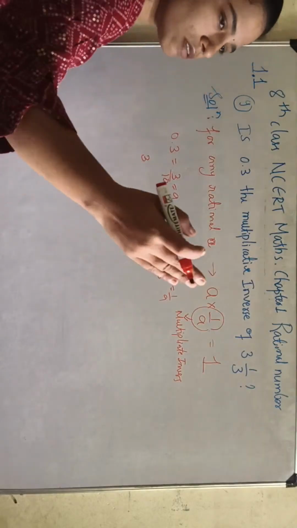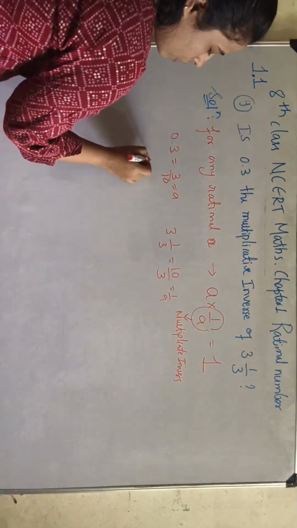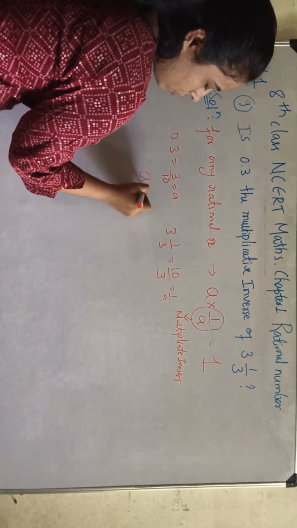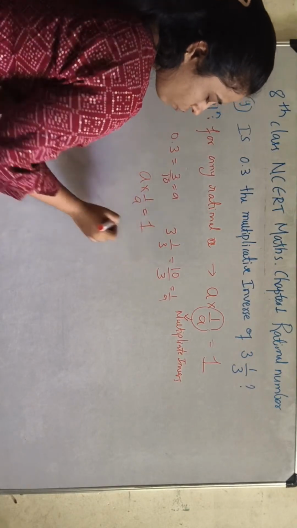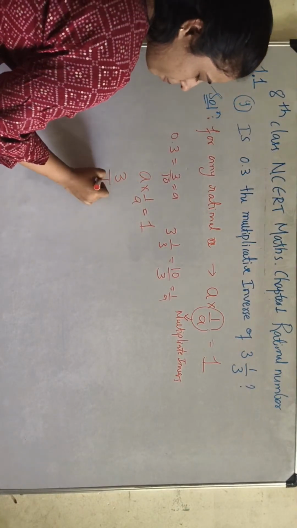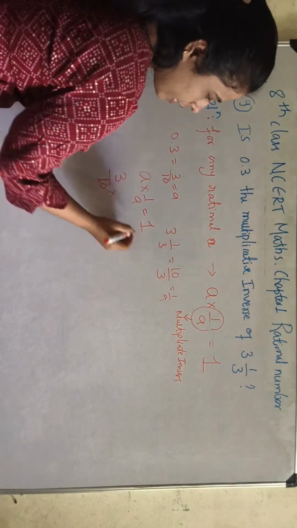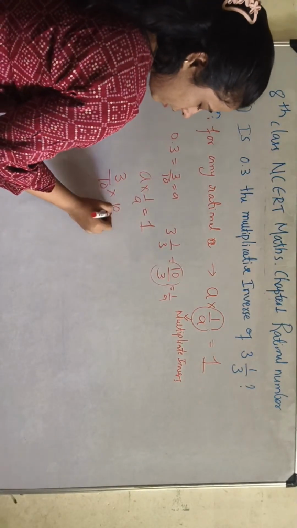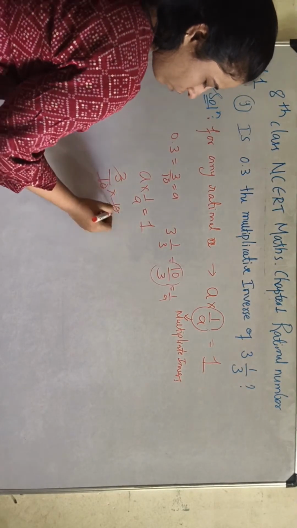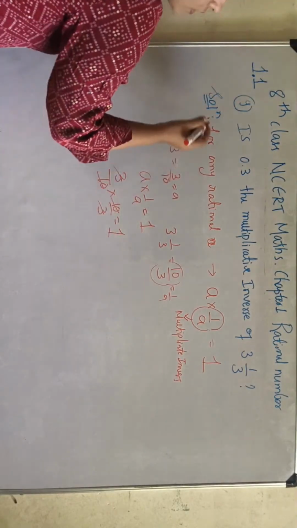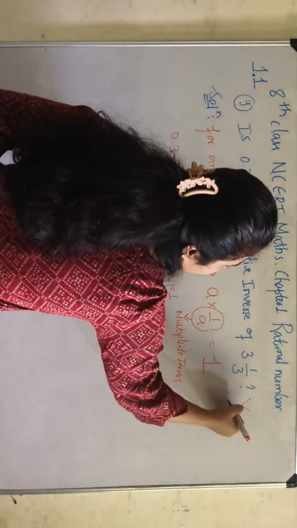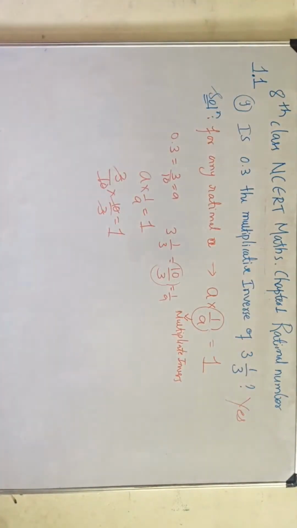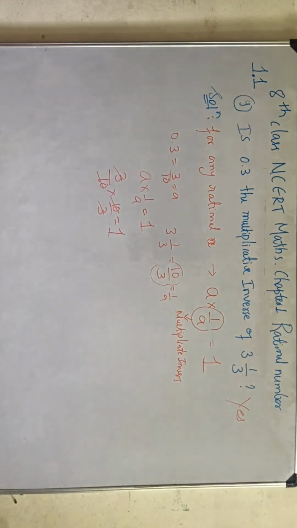There is no need to convert again. Then a into 1 by a should give the product 1 here. What is a? 3 by 10, and 1 by a is 10 by 3. If they get cancelled, we get 1. So this is the answer, yes. 0.3 is the multiplicative inverse of 3 into 1 by 3. Okay.